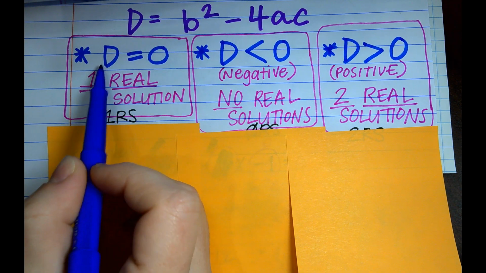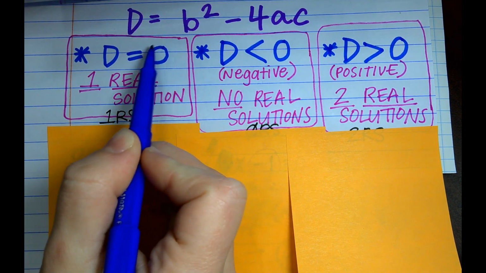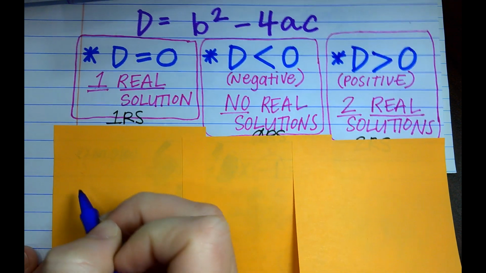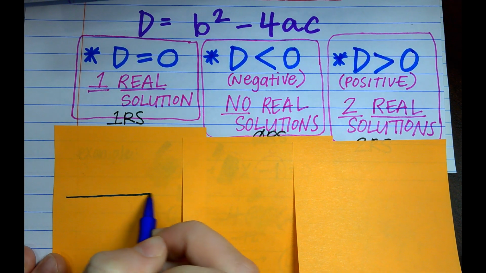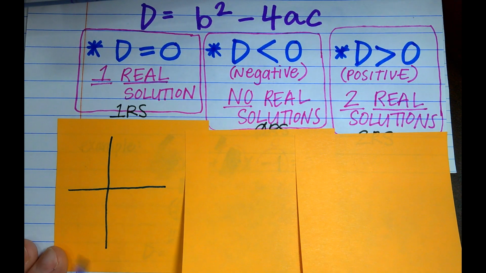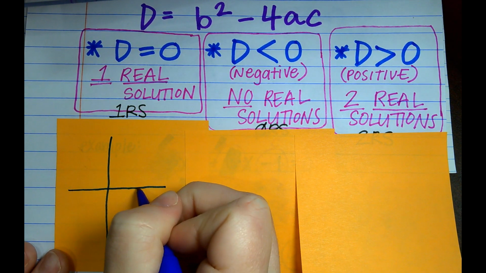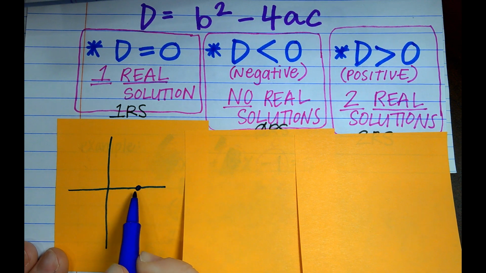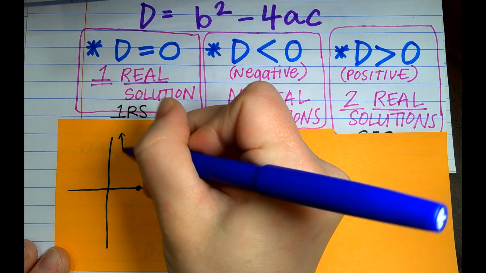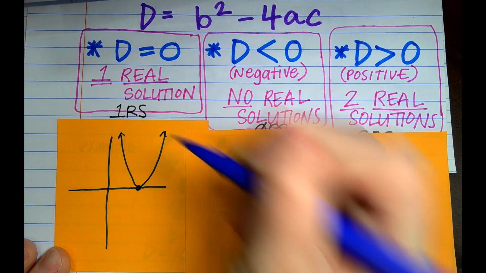When we find the discriminant and the discriminant is 0, telling us that there is one real solution, your graph will look like this. I'm just going to draw a little cross mark, and then I'm going to make 1 point right here, and from there I'm drawing this shape.